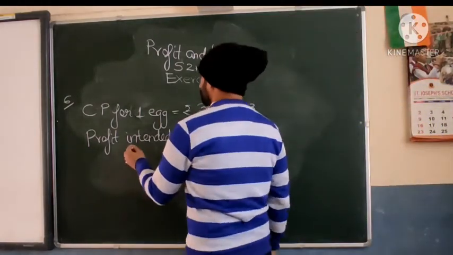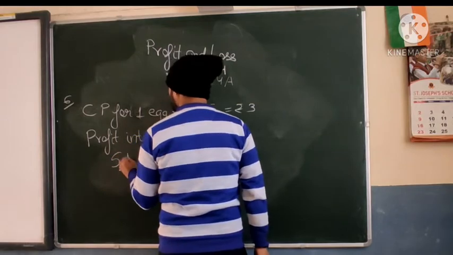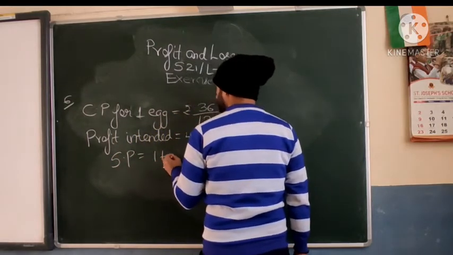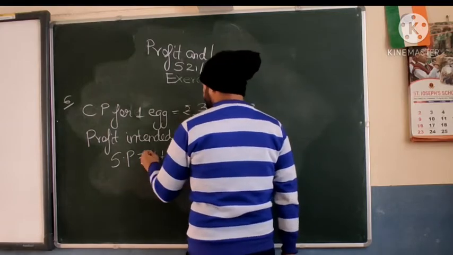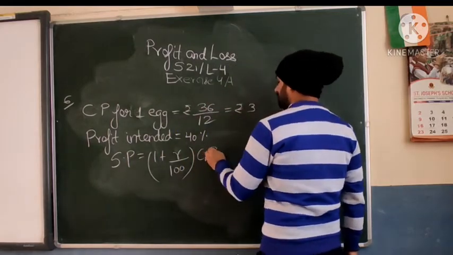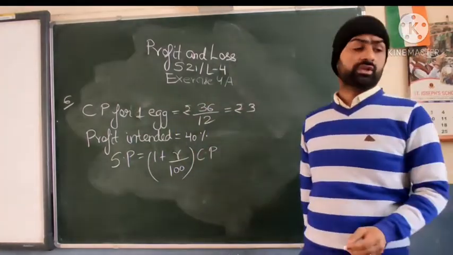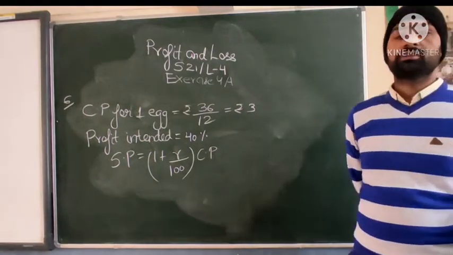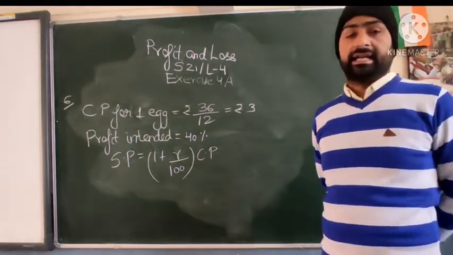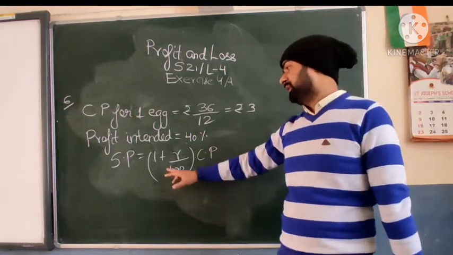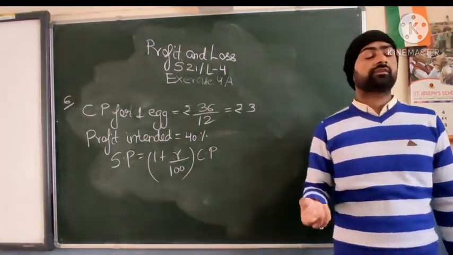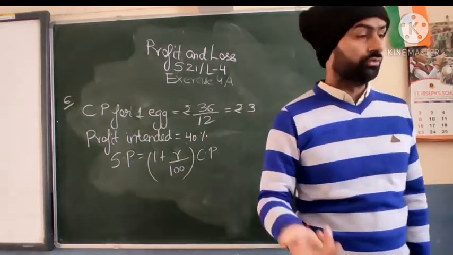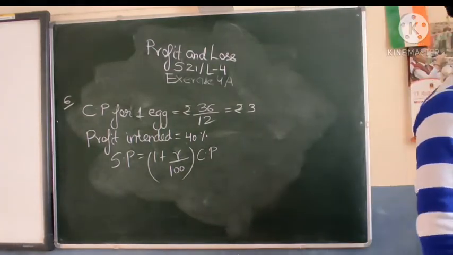SP equal to 1 plus R by 100 into CP. This formula, if you want to write, you can certainly write. I will always encourage you to write this formula because plus and minus in the formula will make all the difference. It can give you full marks or it can give you 0 also.